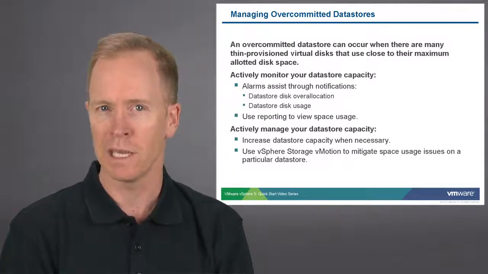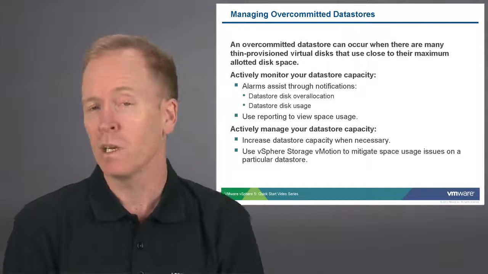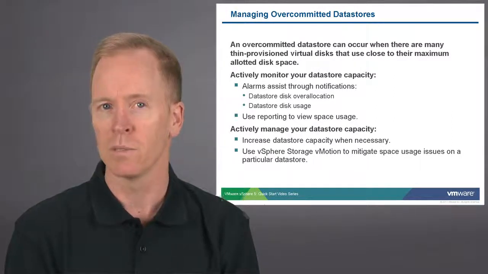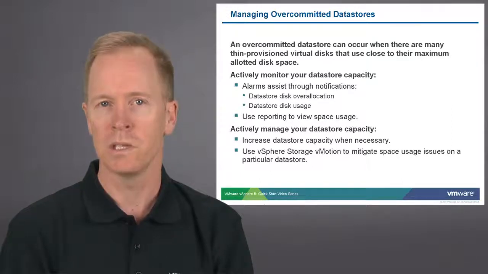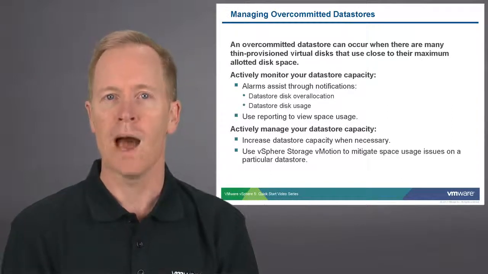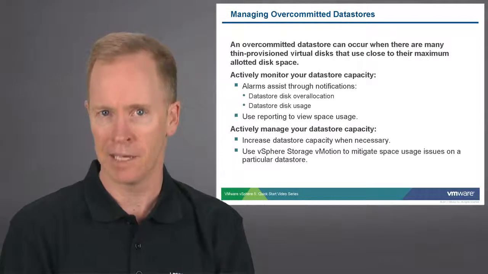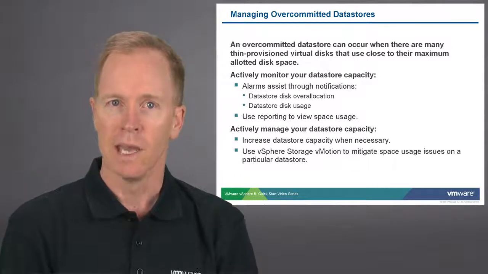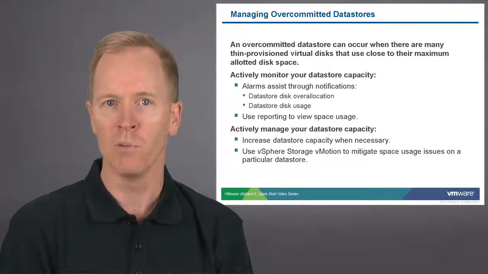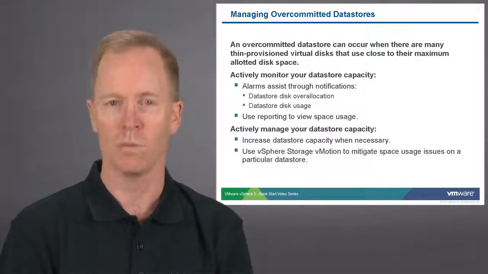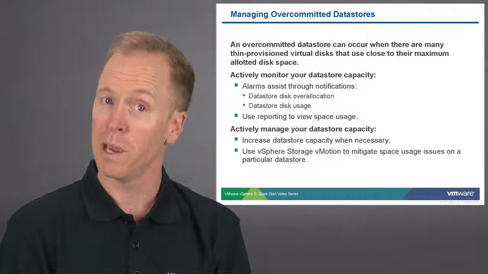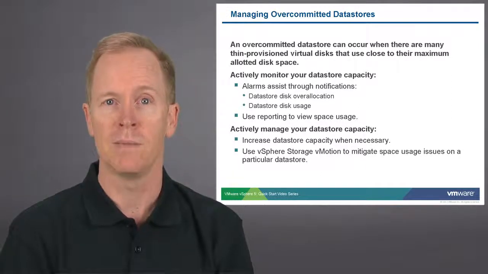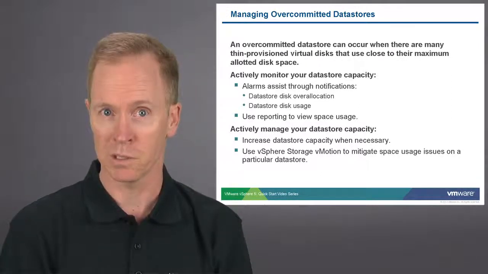Additionally, once a data store has been overcommitted, or even if you aren't overcommitting data stores, we have another alarm which will keep you posted in terms of how much storage space a particular data store is using. By default, that alarm will trigger a yellow warning when you exceed 75% disk utilization, and a red alert if you exceed 85% disk utilization.